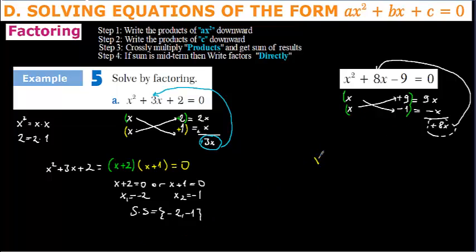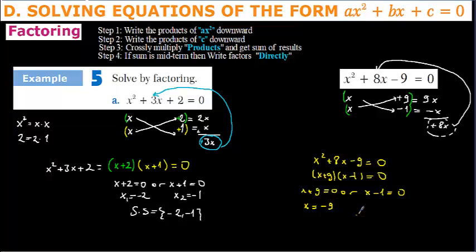X squared plus 8x minus 9 is equal to 0. Actually, it's equal to x plus 9 times x minus 1 is equal to 0. It means that x plus 9 is equal to 0, or x minus 1 is equal to 0. So x is equal to minus 9, or x is equal to 1. These are x1 and x2.